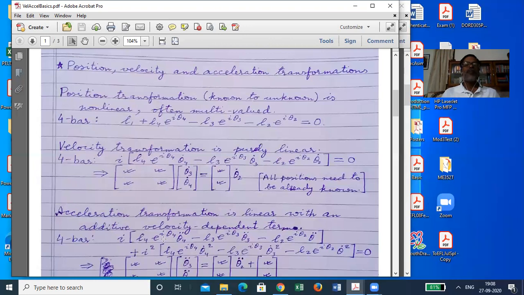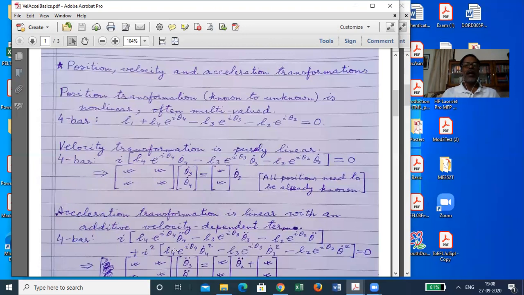In the other, you will find I L4 e to the power I theta 4 into I theta 4 dot into theta 4 dot. That means this will be this term. I was already there, and another when you differentiate this. So this will be here.